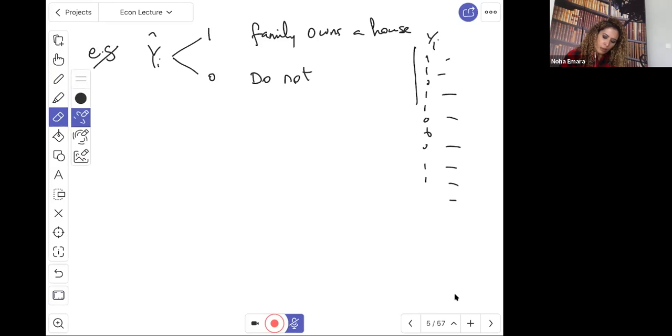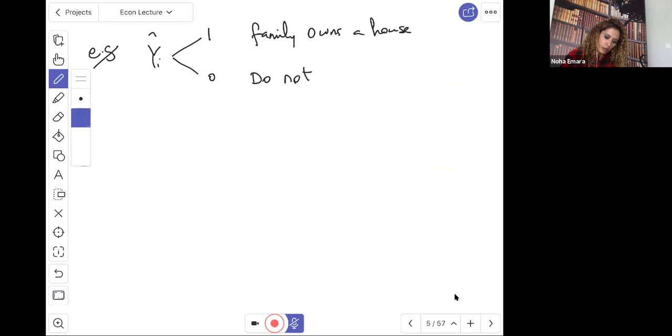Okay, so suppose you collected this data set and you want to regress it on the factors affecting a family's decision to own a house. What can affect whether you own a house? Definitely one of the important factors is your income, or the family's income, right?